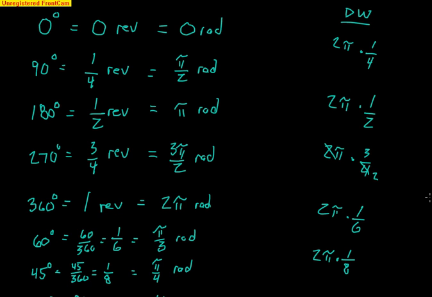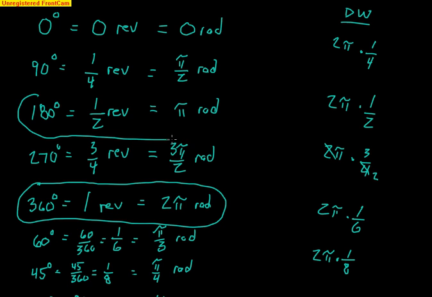So the main one is right here. 1 revolution is 360 degrees or 2 pi radians, but this one's actually used a little bit more only because it's reduced. 180 degrees is pi radians. It's just reduced more, but it doesn't matter which one you use. But that's the key conversion idea, the understanding that a full circle has 2 pi radians. So what part of a circle are we talking about? Times it by 2 pi to figure that out. So hopefully that whole process made a lot of sense to you. All right.